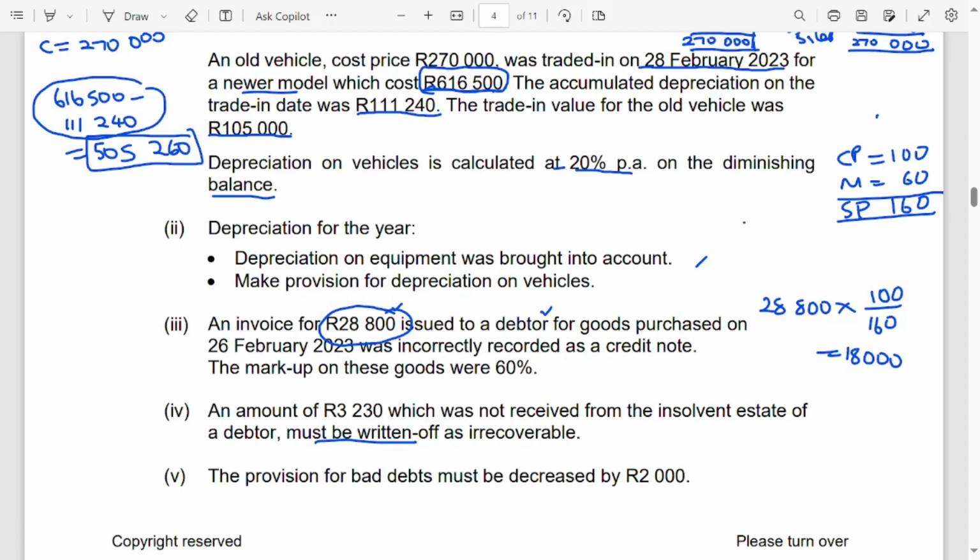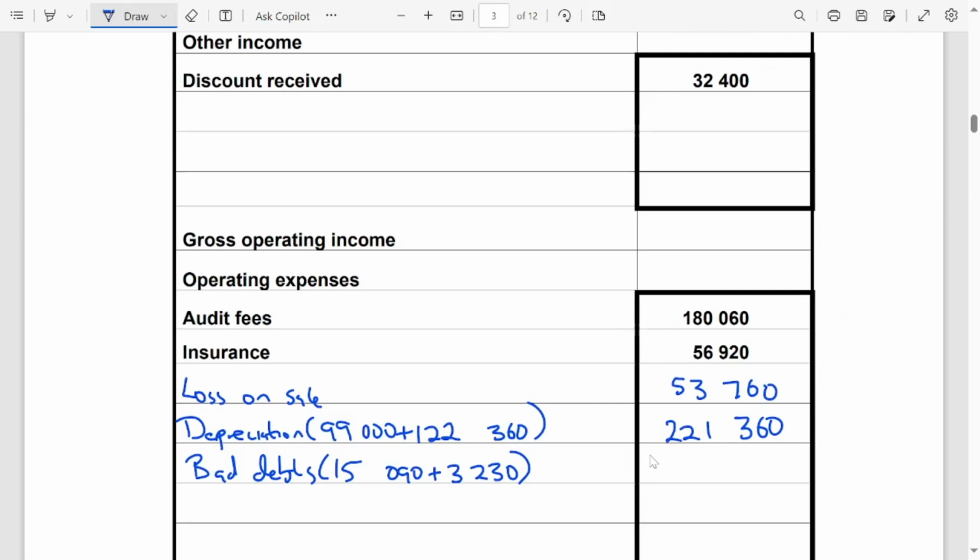But if the provision in the adjustment is smaller than the one in the trial balance, it means that it has decreased. So that difference is an income that must be recorded under operating income. So let's record this 2,000 under operating income, as a provision for bad debts adjustment of 2,000.